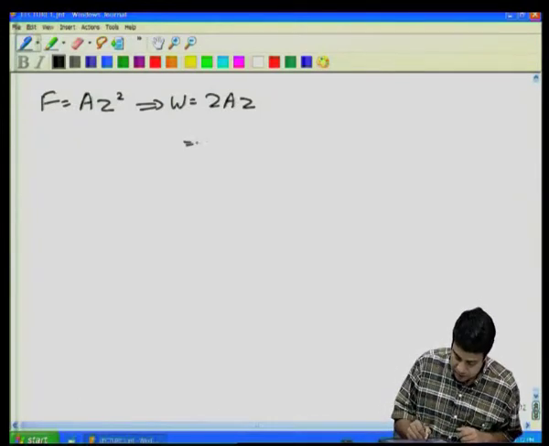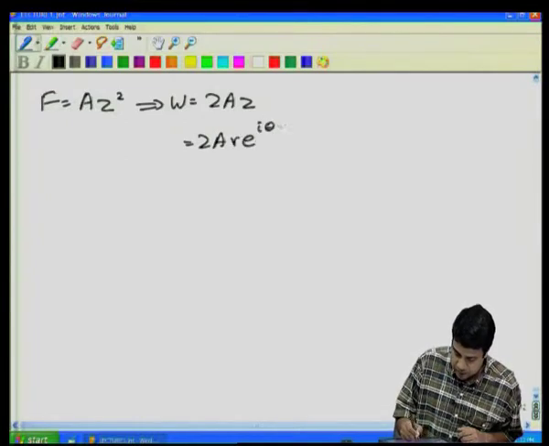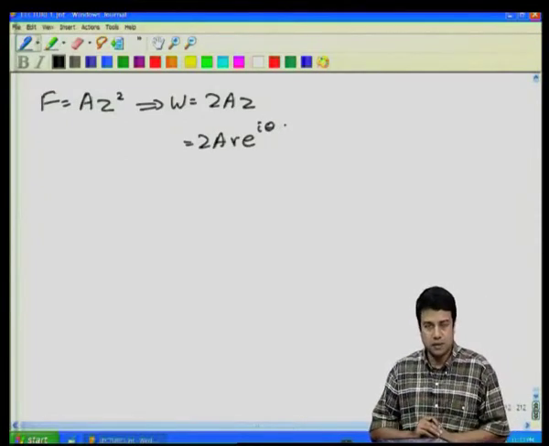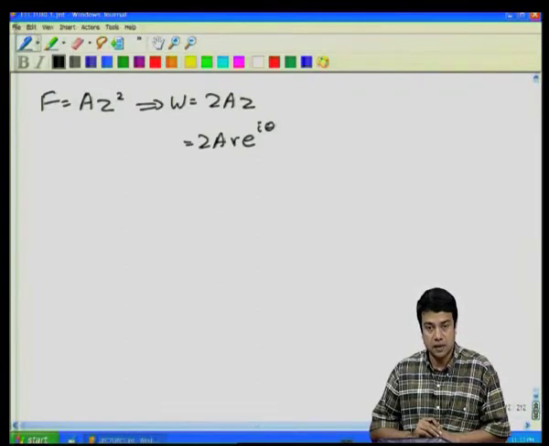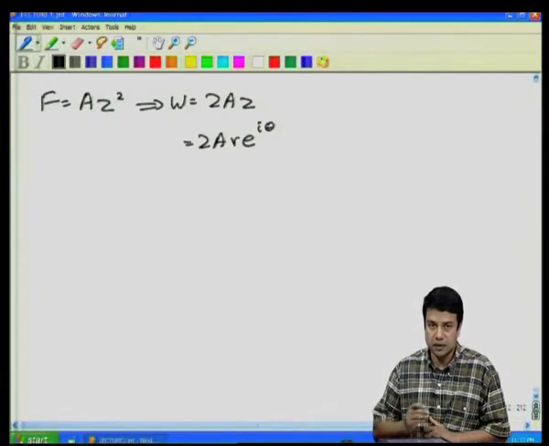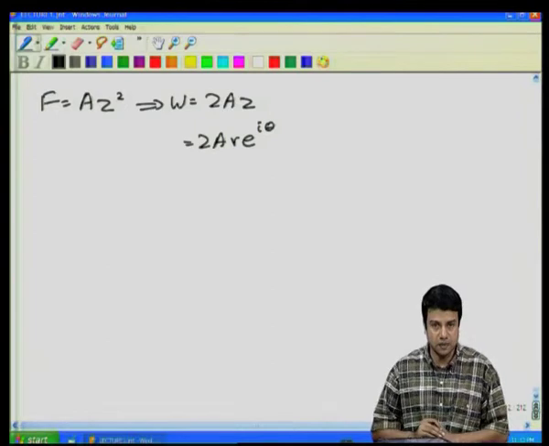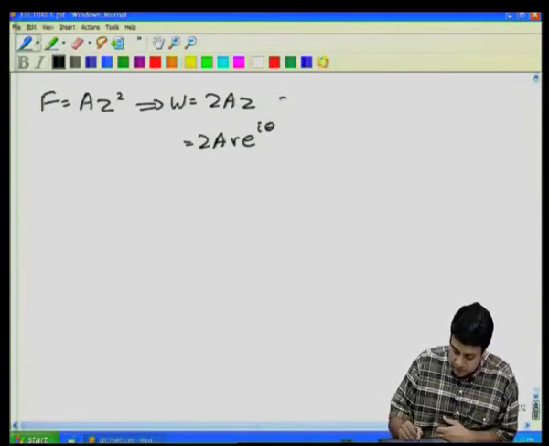So, this can be written as 2a r e^(i theta). Now, I could write this as 2a r into cos theta plus i sin theta, and then write u_x and u_y in terms of w, using the relationship that this is equal to u_x minus i u_y.